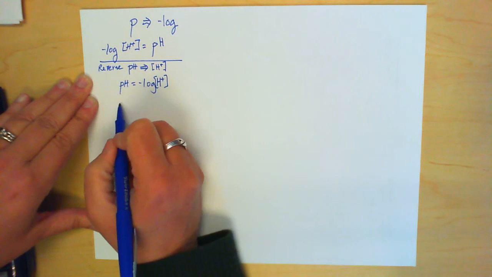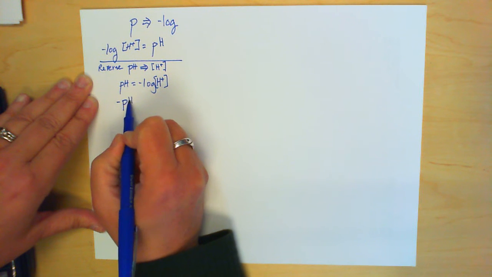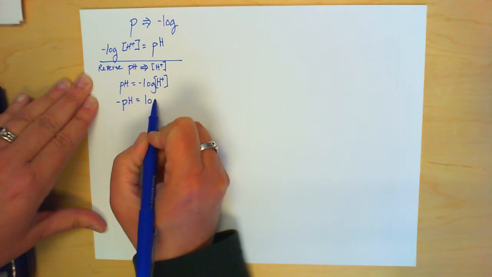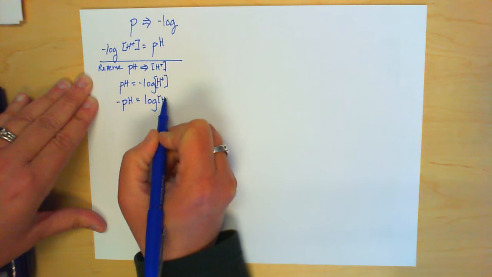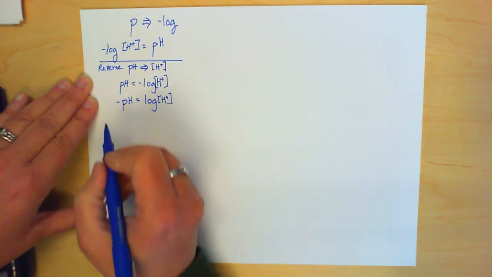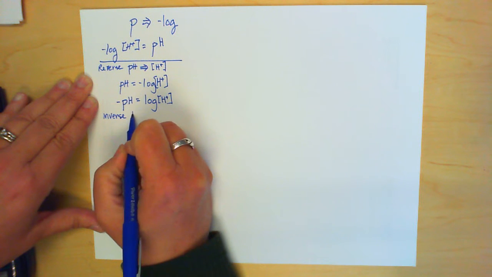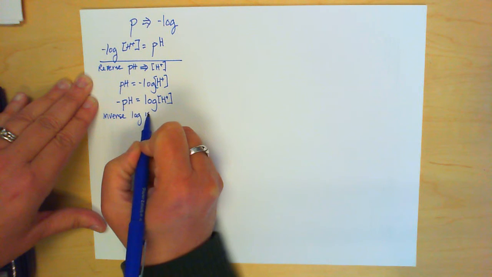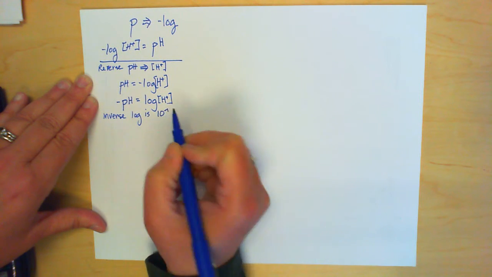So if we're doing math, we would move the negative to the opposite side. The inverse function of log is the 10 to base 10.